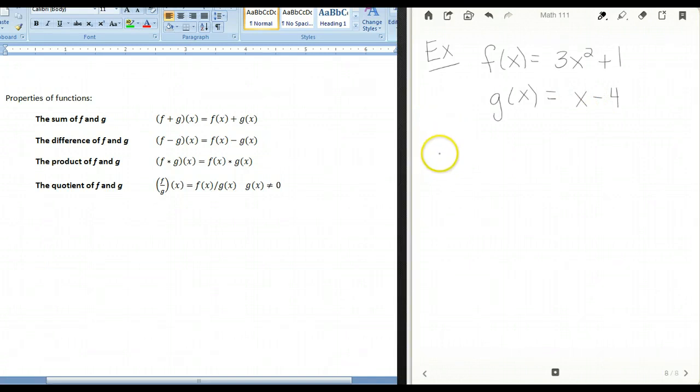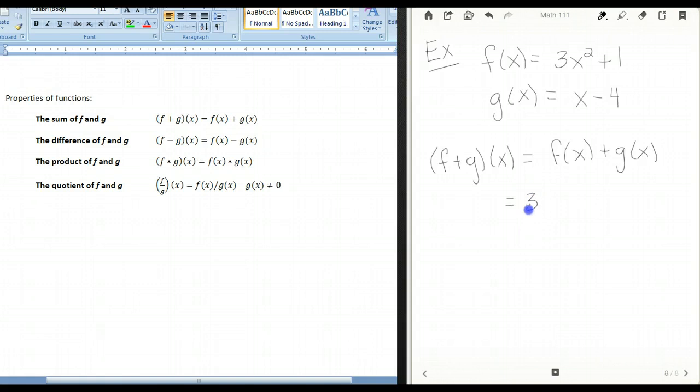Let's try adding these two functions together. How would I do f plus g of x? By definition, f plus g of x is f of x plus g of x. I take the rule for f and plug it right there, and then add the rule for g, and work with them as algebraic expressions.